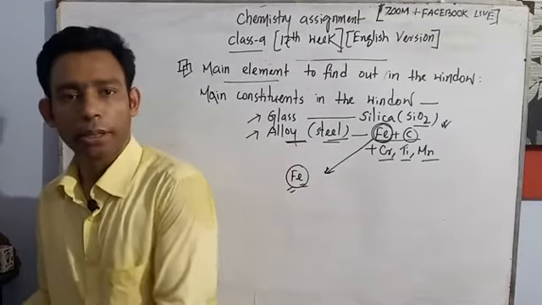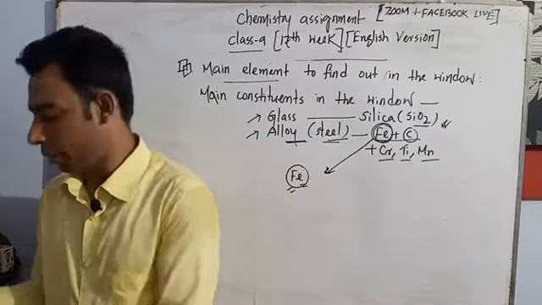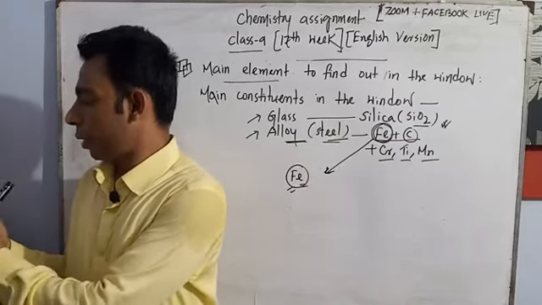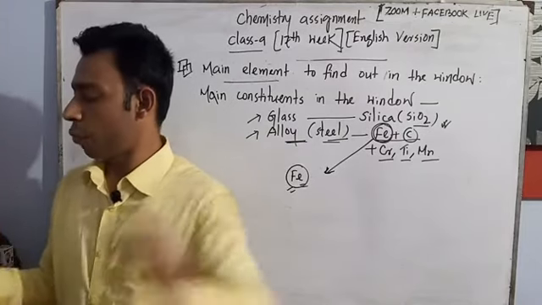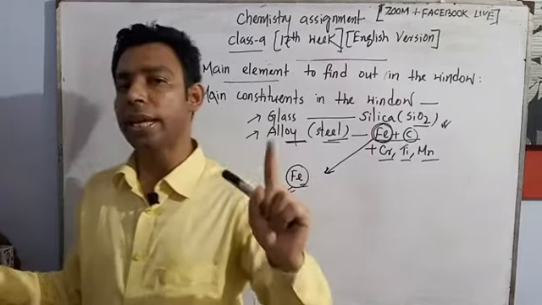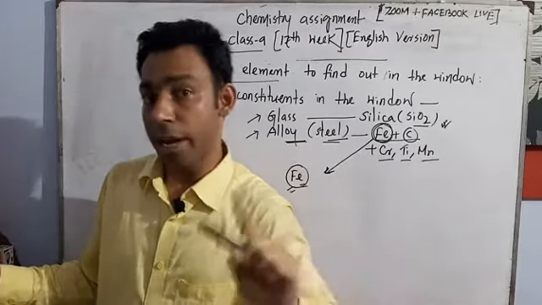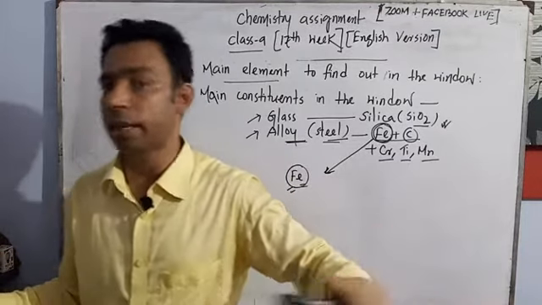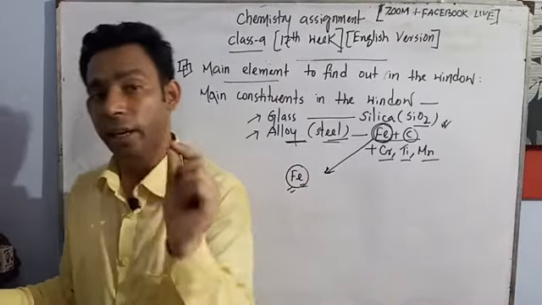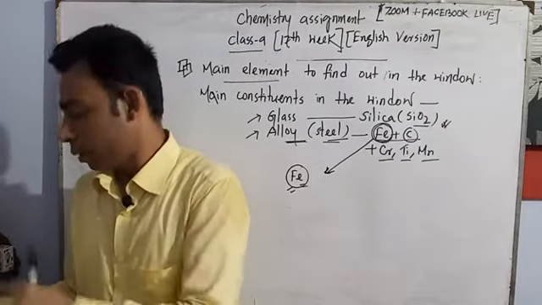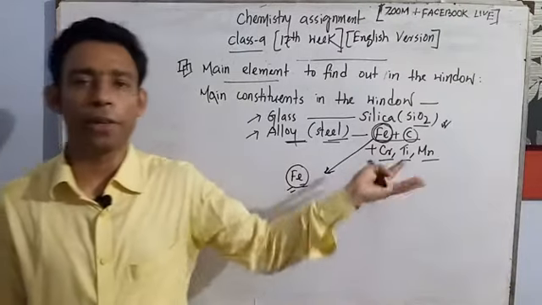First, you will find out the main element in the window. Many elements can be main elements in the window. You can get help from your teacher. Okay, I found this one.